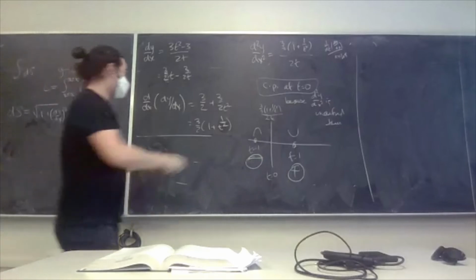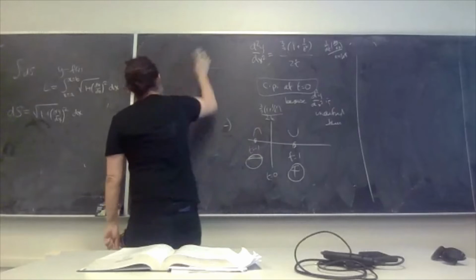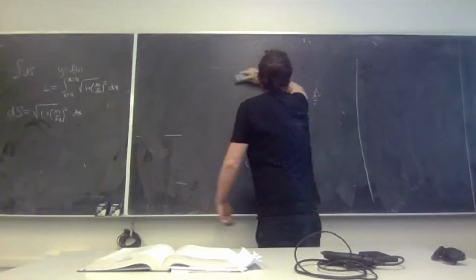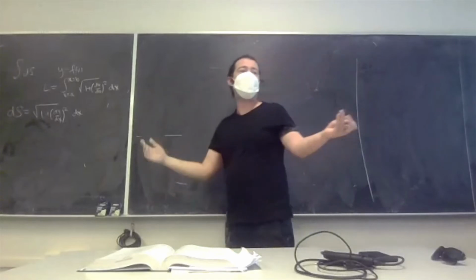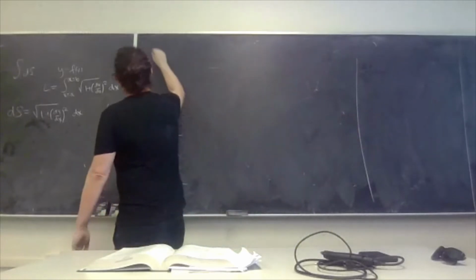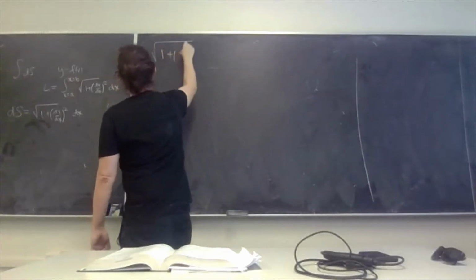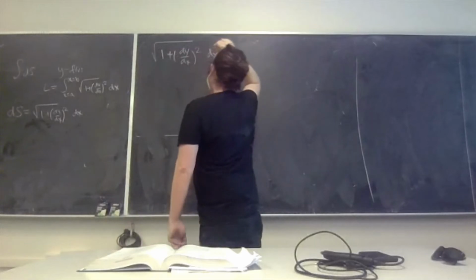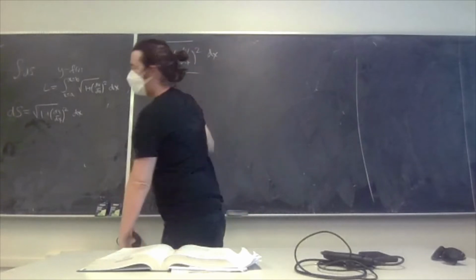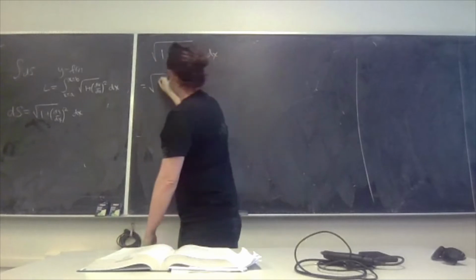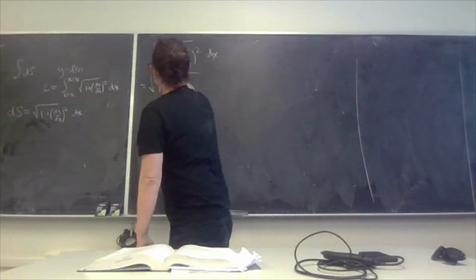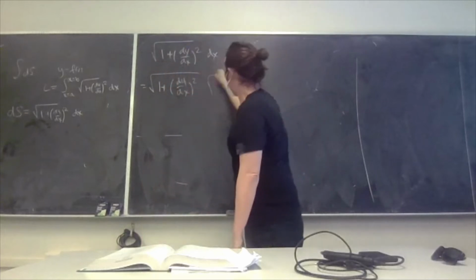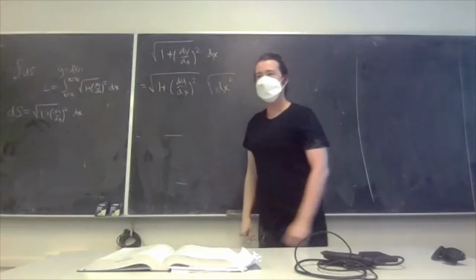Now I'm going to do this next computation because it's cute and because it makes my skin crawl as a mathematician. This is the way people do math, except that it works, and then they leave it to the mathematicians to justify why it works. So 1 plus dy/dx squared, times dx. I'm saying equals here, but you should take that with a grain of salt. If that's a dx to the first power, I can think of it as the square root of dx squared.